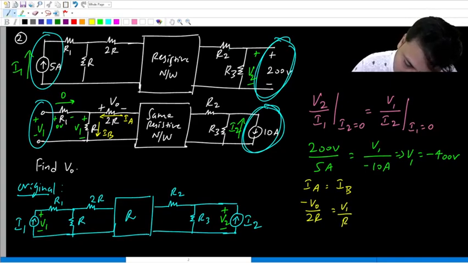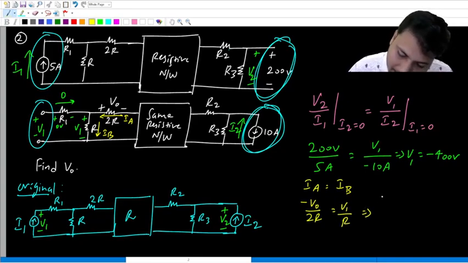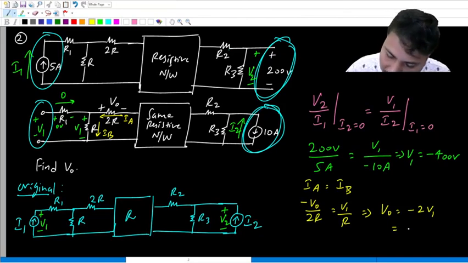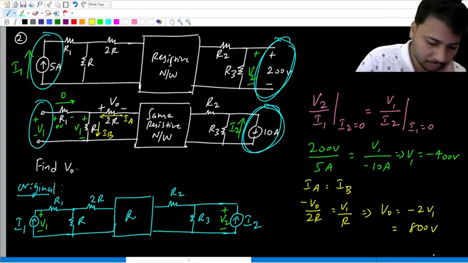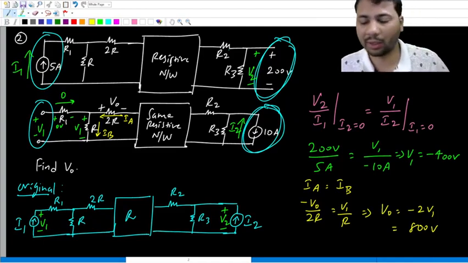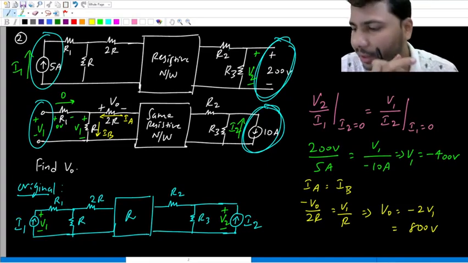It is V1 by R. Okay. So that means V0 equals minus 2 V1. Already we know V1 is minus 400. Minus 2 times minus 400. So the value of V0 is plus 800 volts.